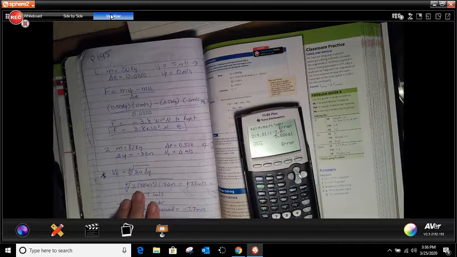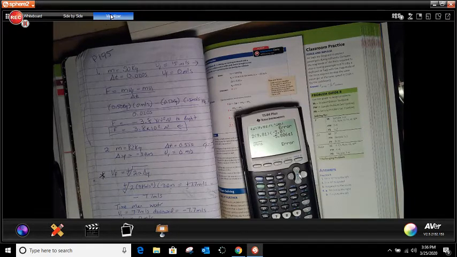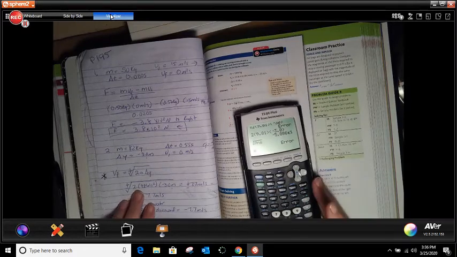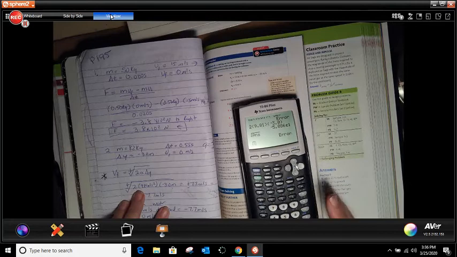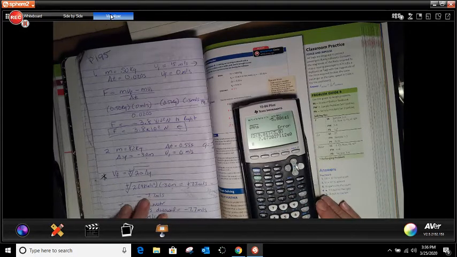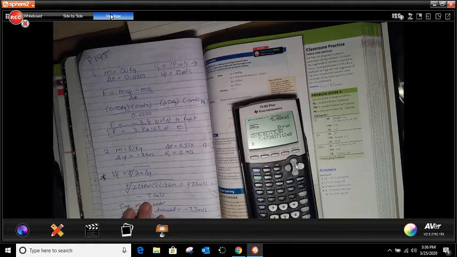It's a non-real number. Wow. So maybe I just need to use the whole number. Second square root, 2, open bracket 9.81 close bracket, open bracket 3.0 close bracket. Guess what? I finally get a number.